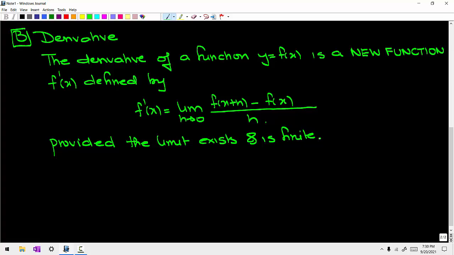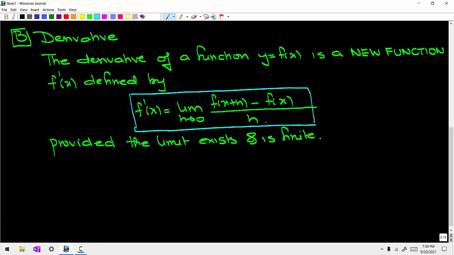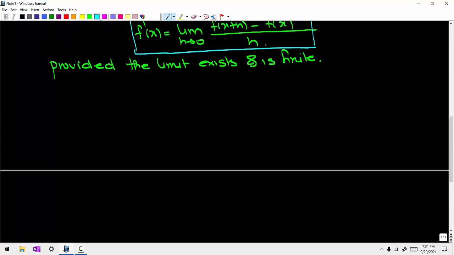So this formula that we came up with in the previous section, I'm just using the f notation instead of the s and t, is called the derivative. And the derivative exists if this limit on the right hand side exists. There are lots of notes that I need to write down regarding this, so let's start with them first.